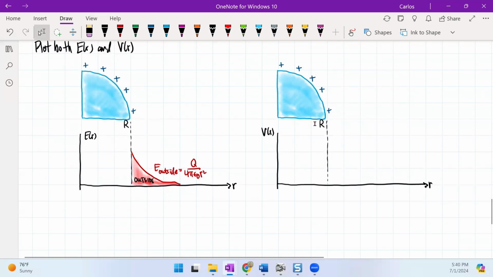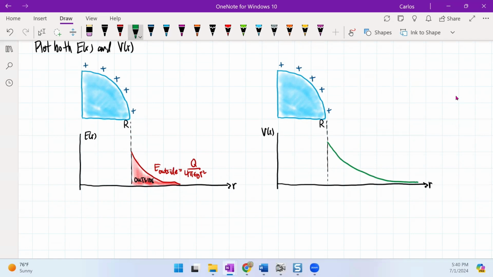It's going to fall off slower. R squared falls off faster. So then I would think that I'm going to do something like this. That's looking like this. So right in here, when I'm looking at this, we're talking about this being outside.